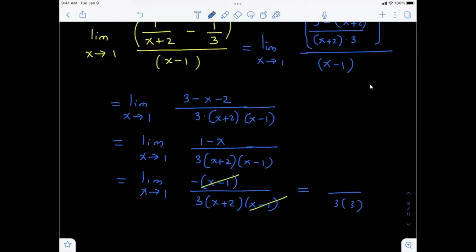And don't forget, in the numerator, you did not cancel the entire term. What you canceled is only one of the factors. It's still having 1 at the top. And don't forget this negative sign. So it's negative 1 over 9.